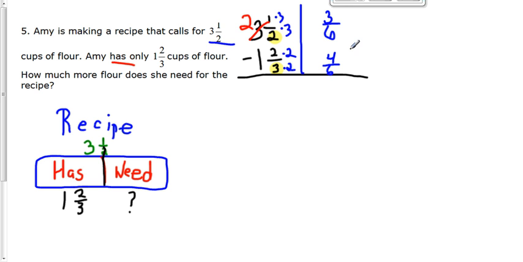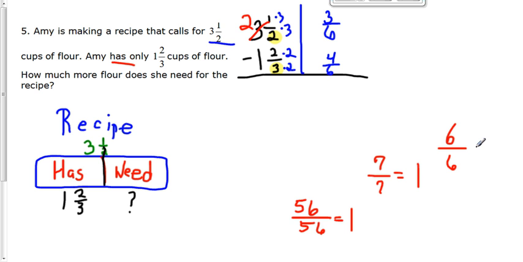Now remember, in a fraction, when you're borrowing, that whole can be anything. 7 out of 7 is equal to 1 whole. 56 out of 56 could be 1 whole. So in this problem, I'm actually borrowing 6 out of 6, because you want to have a common denominator. 6 out of 6 is 1 whole.